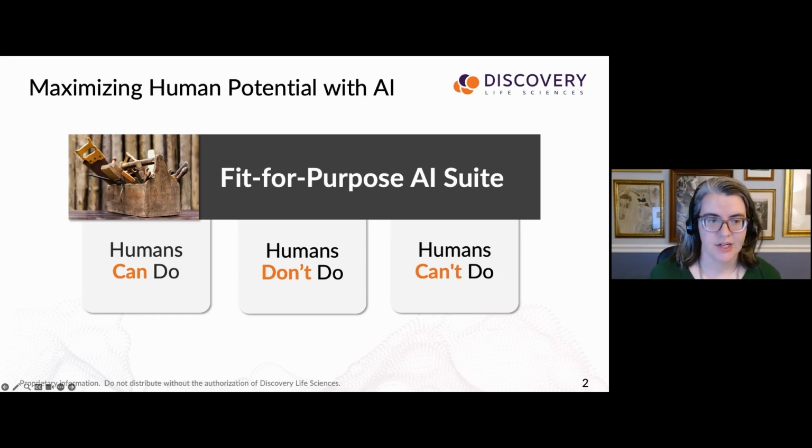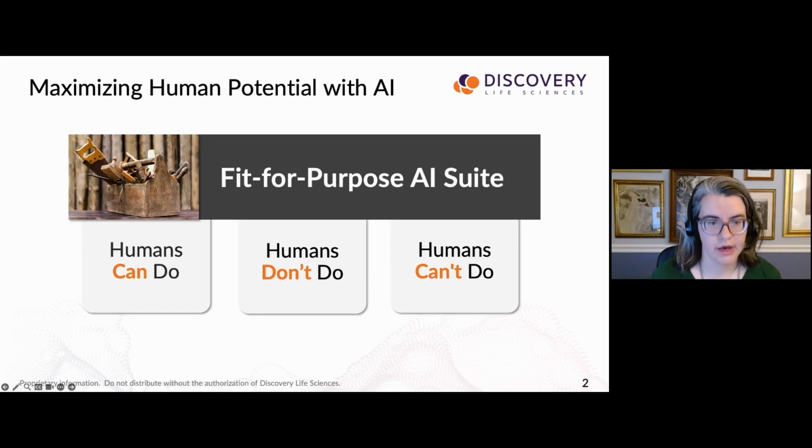What I'm getting at here is that it is best to think of AI as lots of tools in your toolbox that each have a specific job, different data inputs that they need, and then different data that they give you at the end. So AI is not one giant, super intelligent, multi-purpose tool that can handle everything. It's a toolbox with lots of tools, and it's all about picking the right tool for the job that you're trying to get done today that can accelerate your project.